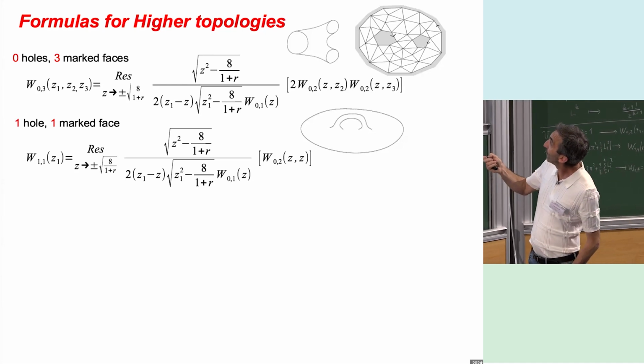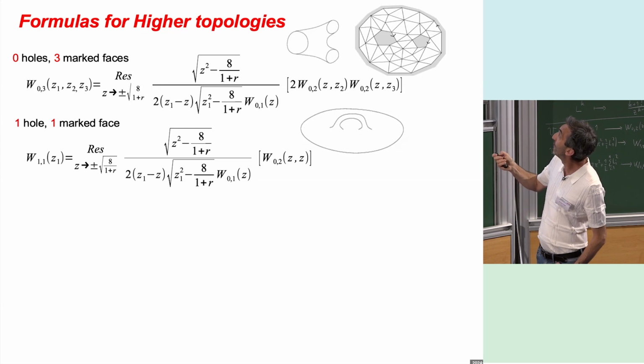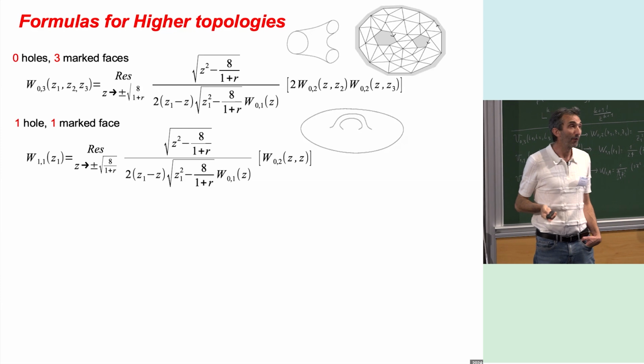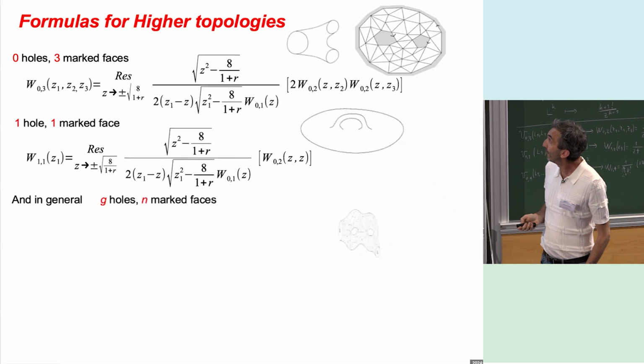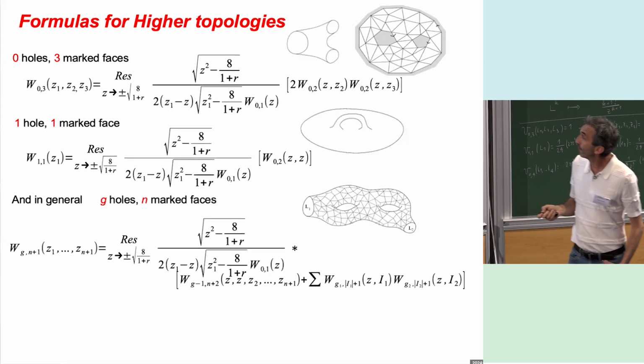Again, it looks very much like that one, residue at exactly the same point, the same prefactor. The only thing that changes is what you have in the bracket. Instead of this thing that involved Z2 and Z3, here you have a W02 of Z, Z. And Z is the variable on which you integrate to get the residue. So you see the formula looks very similar. And in fact, in general, what you get is always something like that.